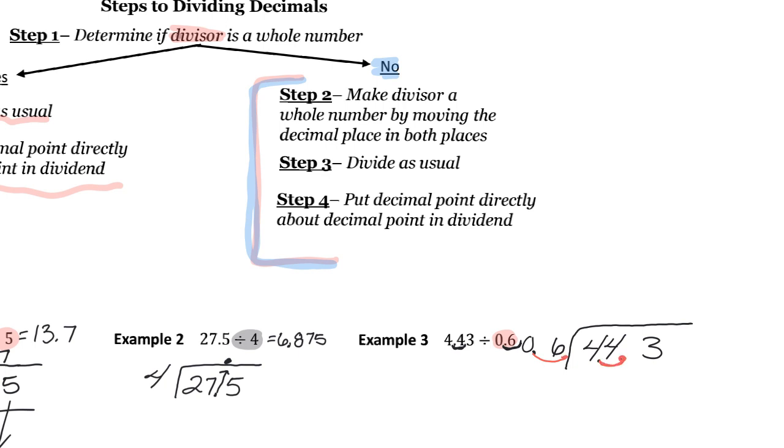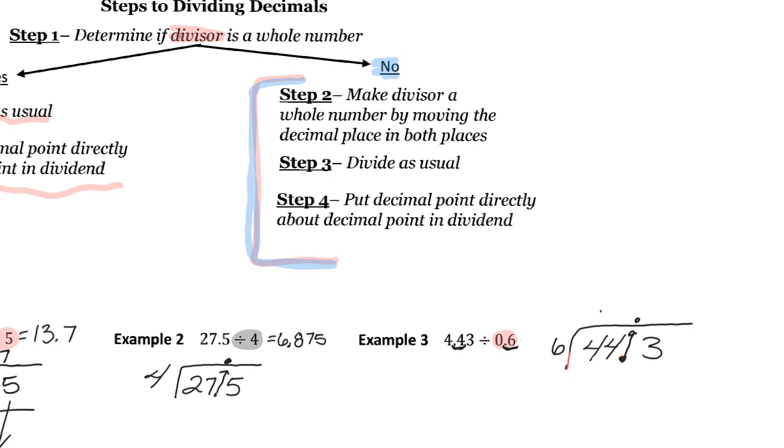Okay. So that allows us to eliminate that 0 in front of the 6 and that decimal place in front of the 44. Okay, so now we divide as usual. Make sure if your decimal place is here that it comes up and it gets placed there.